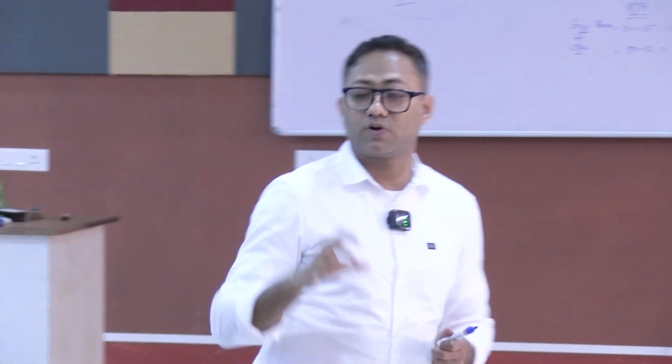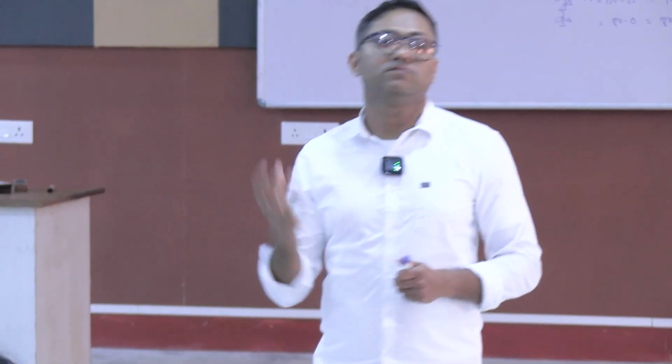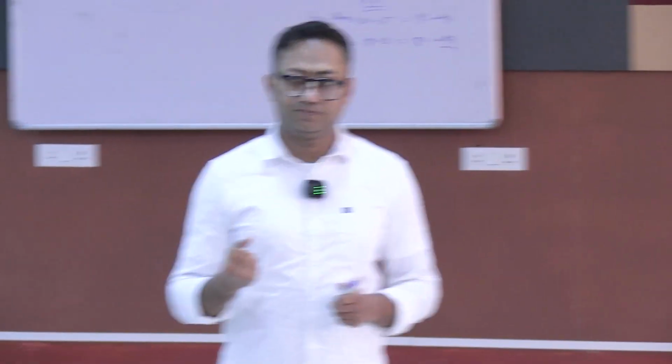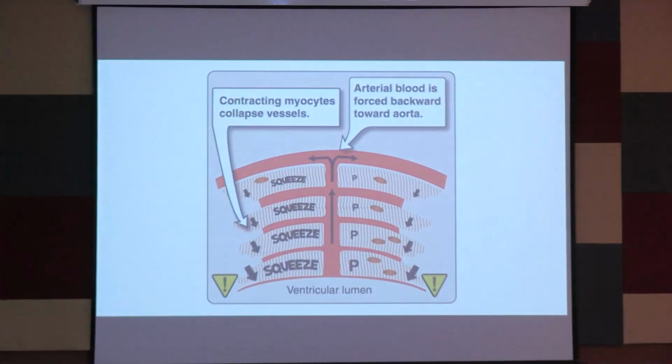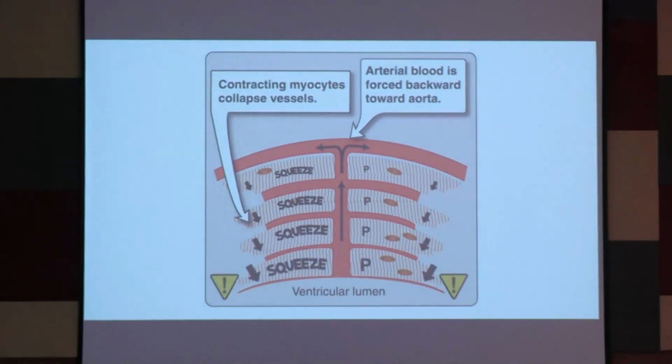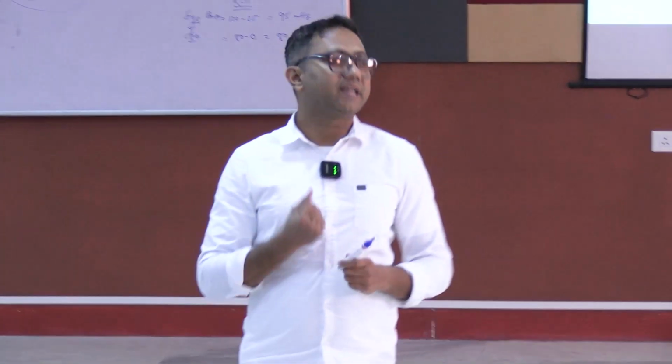Your heart protects itself. Okay, your heart protects itself from getting ischemia. Okay, even if this pressure heads, they are not supporting left ventricle. This perfusion pressure heads, they are not supporting left ventricle. Okay, but heart has got its own regulation.